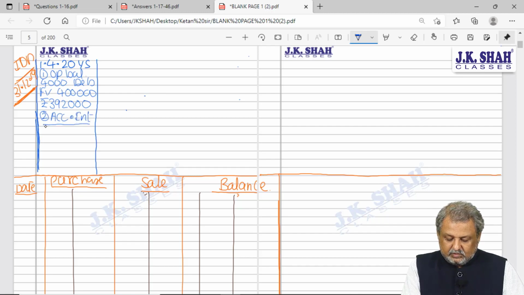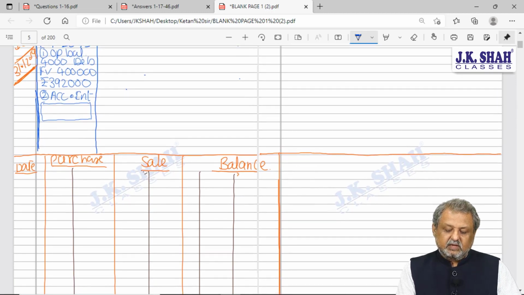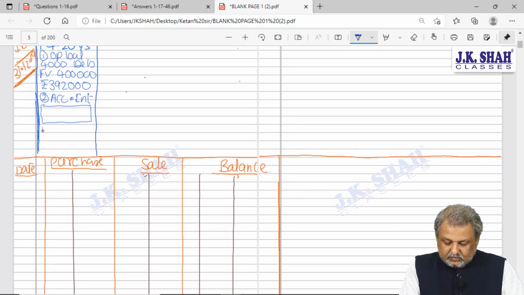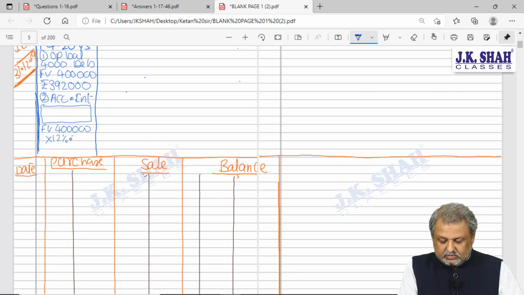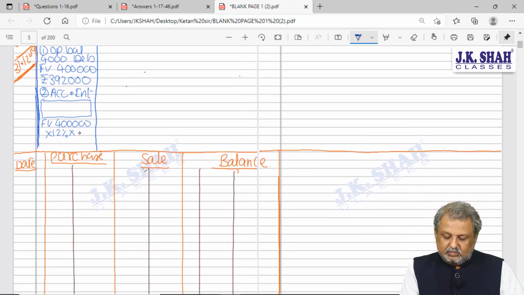Now, whenever a student thinks whether there will be any interest entry or not, as a student you should remember, if there is a gap between the dates, there will be an interest entry. So on face value 4 lakhs, multiplied by 12% debenture, multiplied by, from December to April, January, February, March, 3 months. So 4 lakhs into 12% divided by 12 into 3, 12,000.